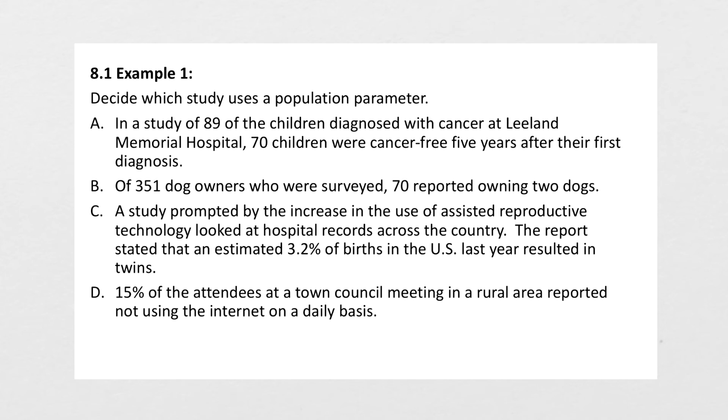So for part A, it says, in a study of 89 of the children diagnosed with cancer at Leland Memorial Hospital, 70 children were cancer-free 5 years after their first diagnosis. So we're only looking at 89 of the total number of children diagnosed.